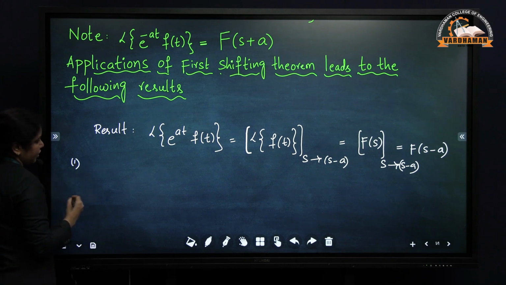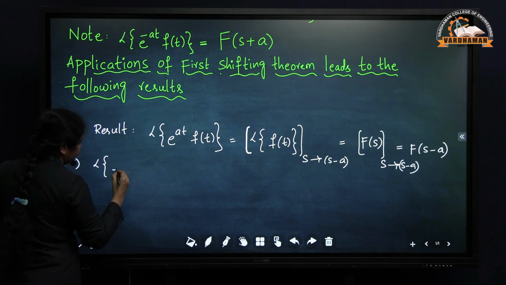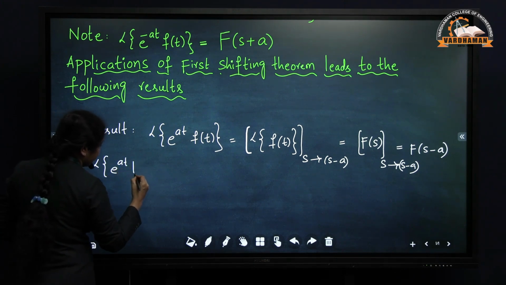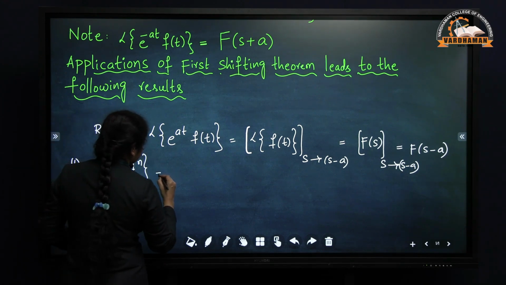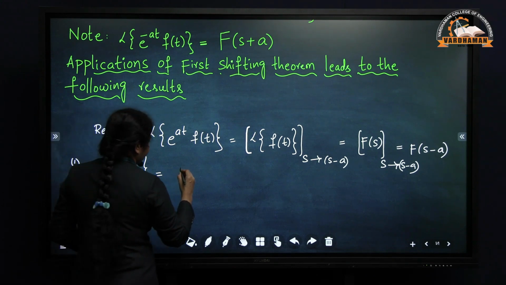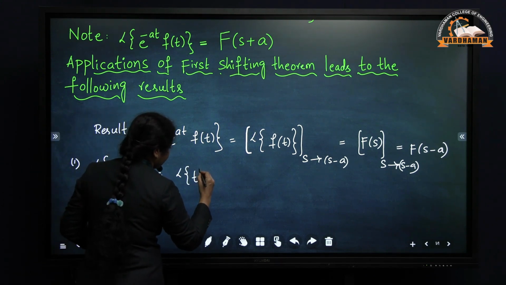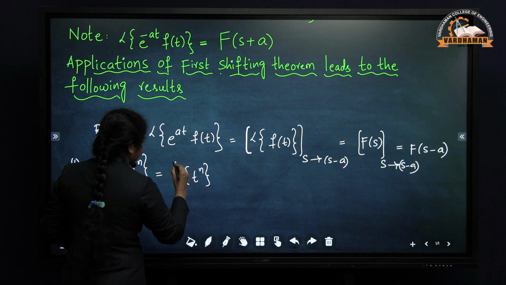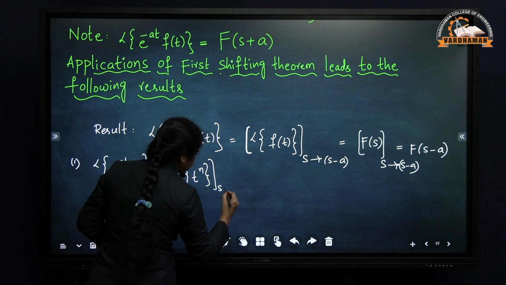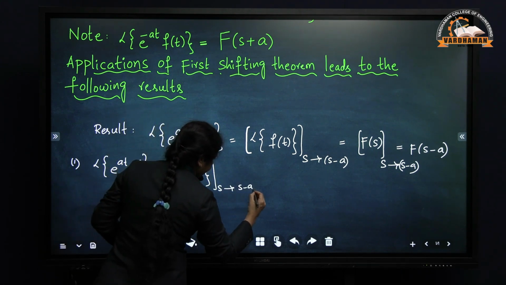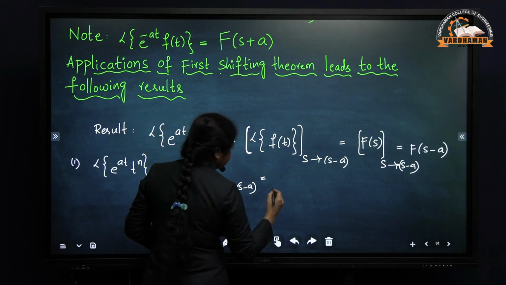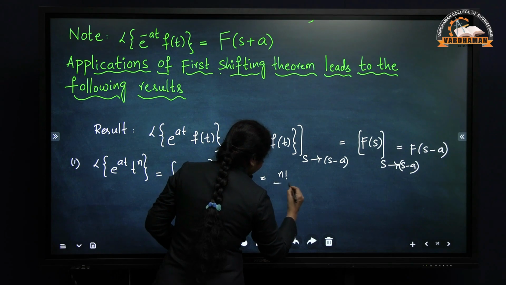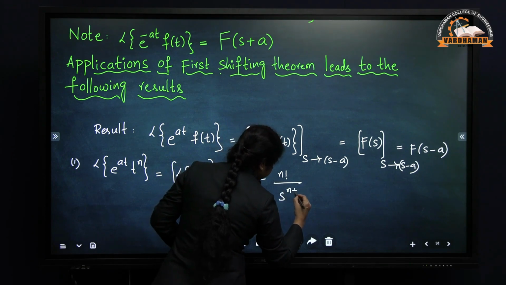For example, the first one: let us take L of e power at t power n. To evaluate the Laplace transform of this function, first we need to find the Laplace transform of t power n, and here we need to change s to s minus a. The formula for L of t power n is n factorial by s power n plus 1.